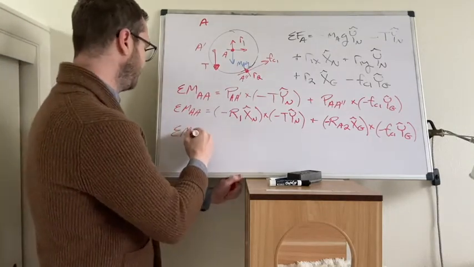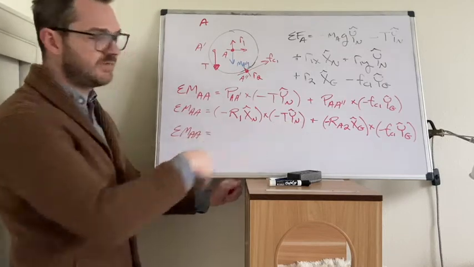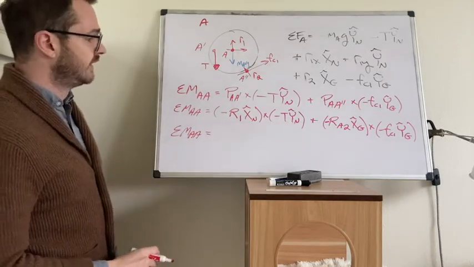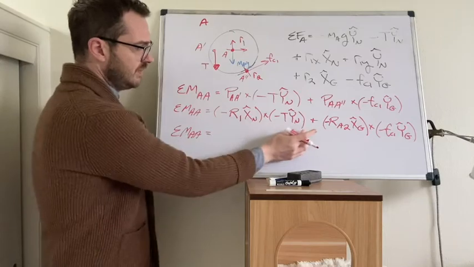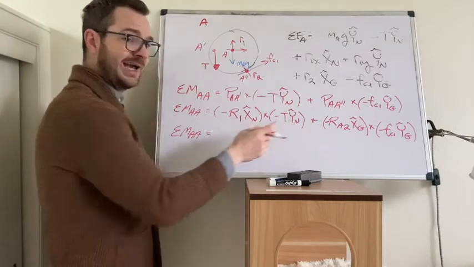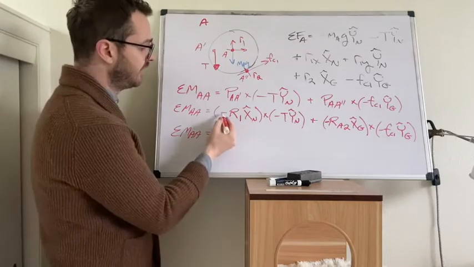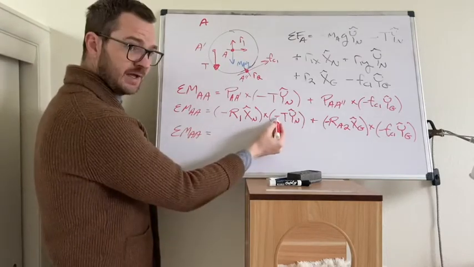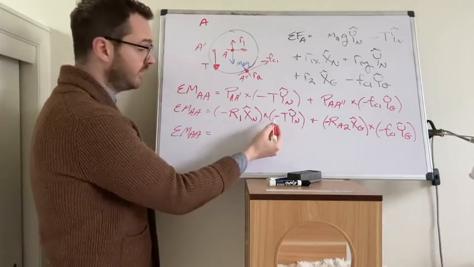Sum of moments about A, and let's fix all these cross products. X hat n cross Y hat n. X cross Y is positive Z. There's a negative and a negative, so these both become positive.